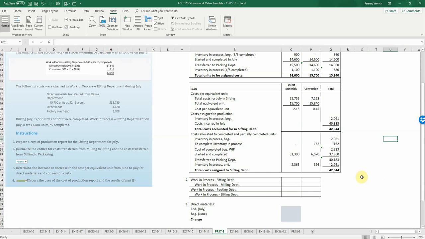Alright, so that is part one, and so then part two wants us to journalize the entries for transferring from the milling to the sifting, and then from the sifting to the packaging departments. So what went into the sifting department, that's going to be our 33,755.